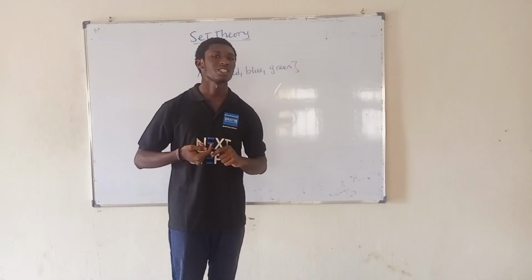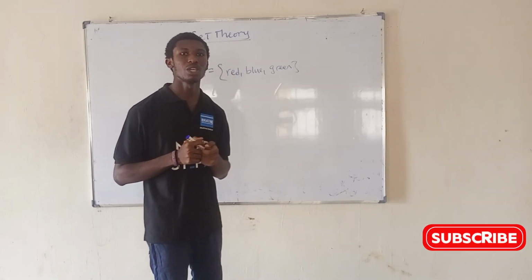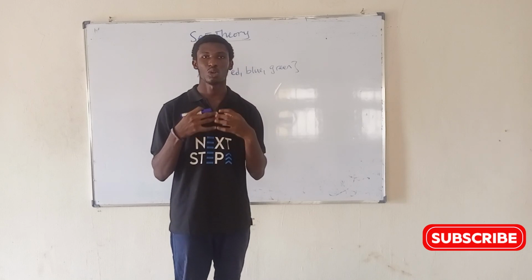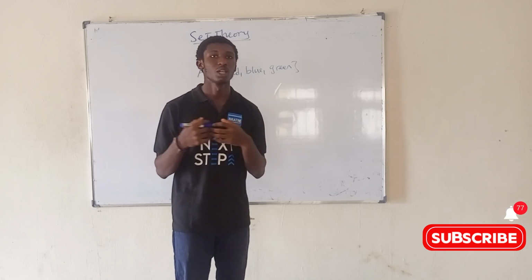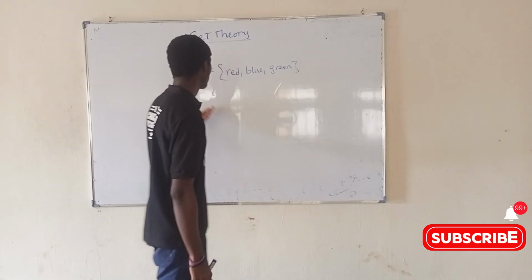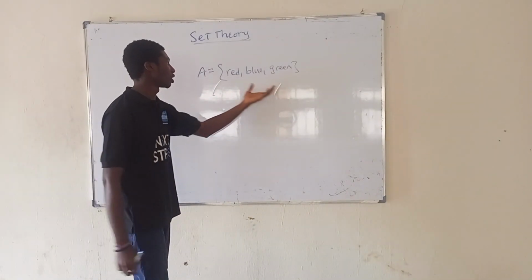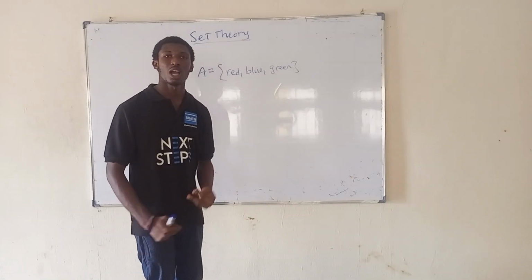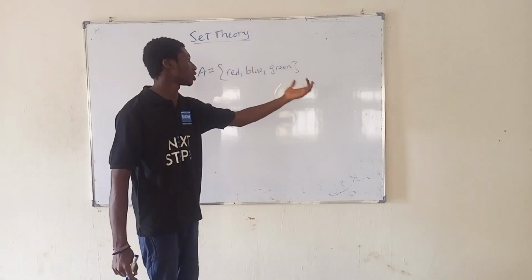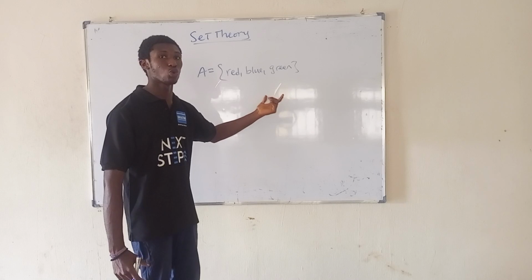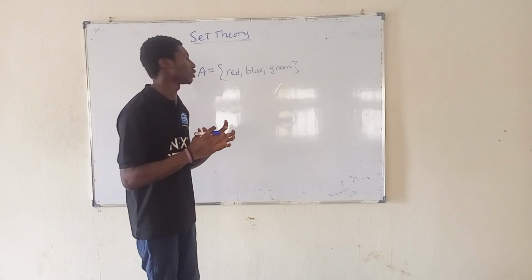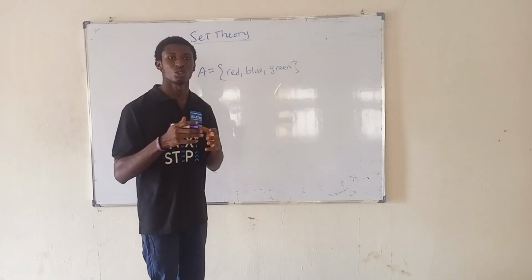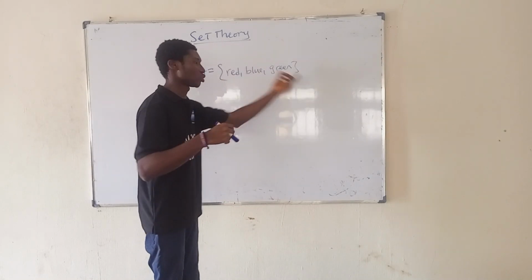Now, when we say a set is well defined, we mean one should be able to determine whether an element or an object belongs to that set. For example, the set of colors that I've stated: red, blue, green. I cannot put shoes, I cannot put shirts into this set.